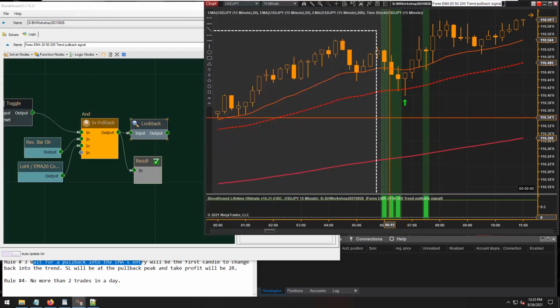As we can see right now, there's no output on the actual signal bar. We're only identifying the pullbacks, so we need to take the pullback output and shift it forward at least 1 bar to get to the signal bar, where price reverses and goes back in the direction of the trend.